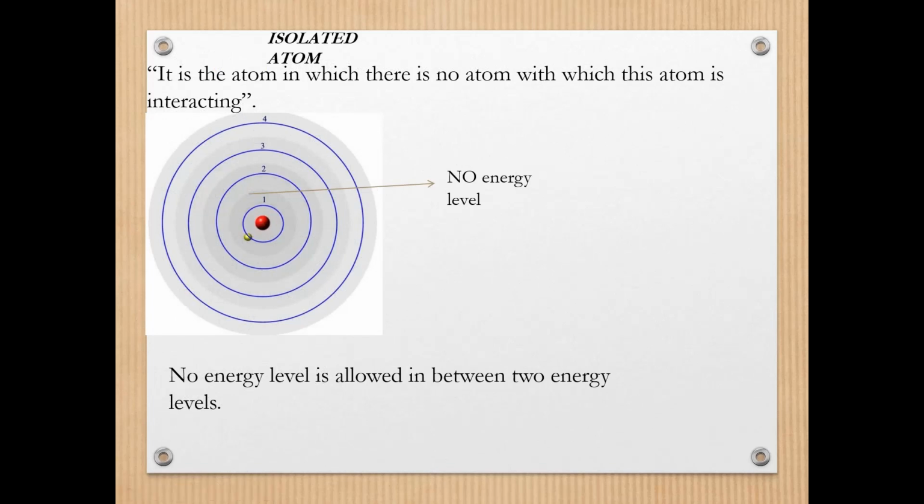An isolated atom is an atom in which there is no other atom interacting with it. That is, there is no atom within the range of 5 to 7 angstroms beside the atom. Thus we can call it an isolated atom, and you observe that no energy level is identified in between the two energy levels.